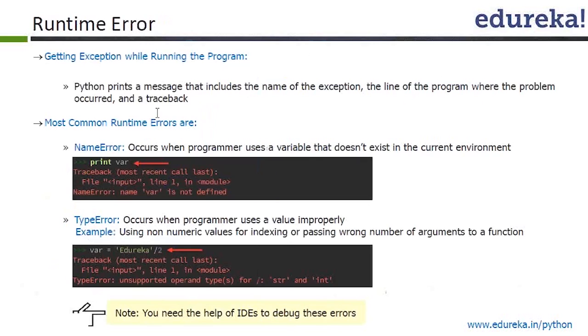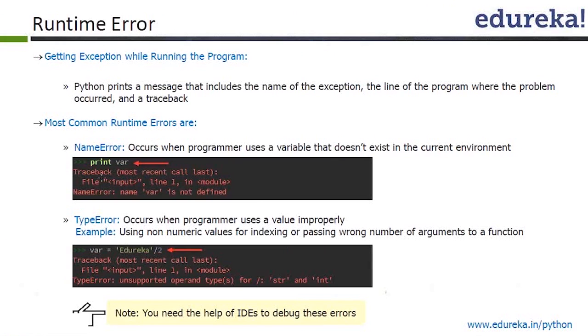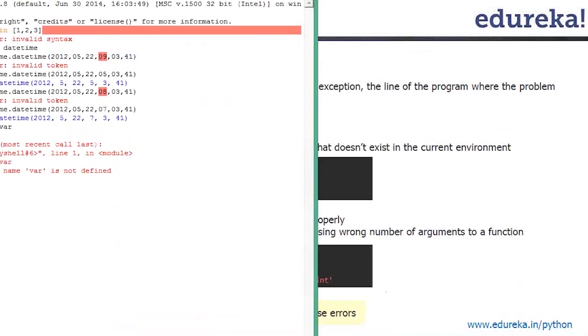Okay, runtime error. Let's say, for example, it's just giving an error because the variable is not defined. That's what it's saying here. Python prints a message that includes the name of an exception, the line of the program where the problem occurred, and a traceback. See here, it includes an error message, it includes the line where the error occurred, and it gives the error.